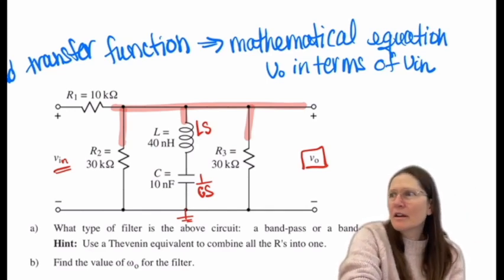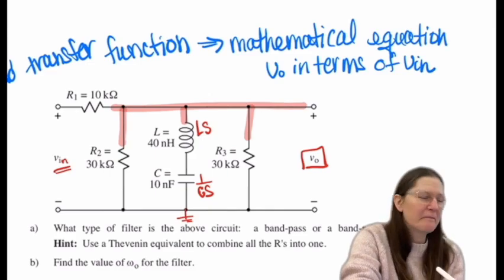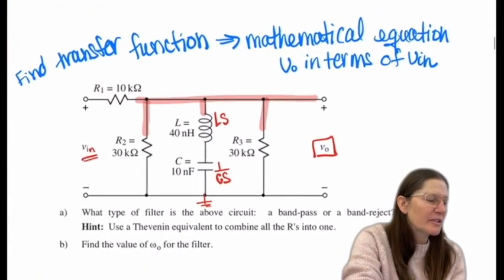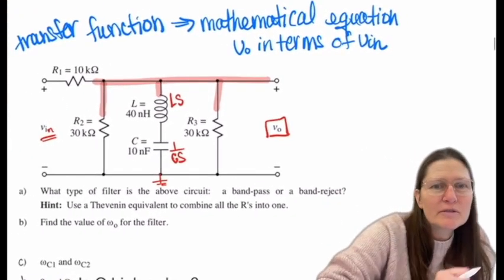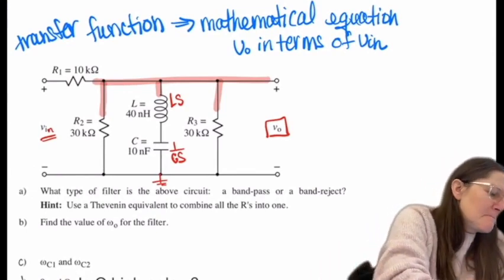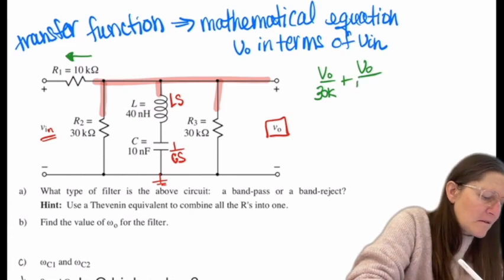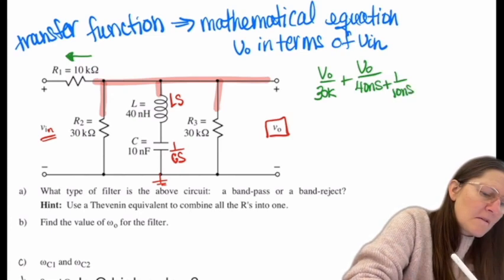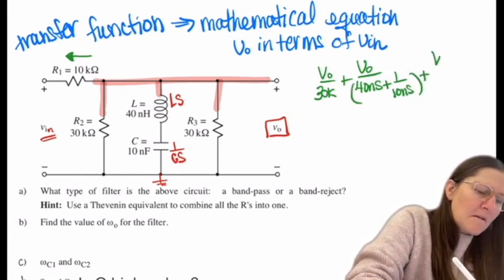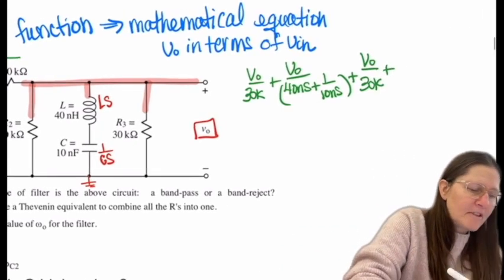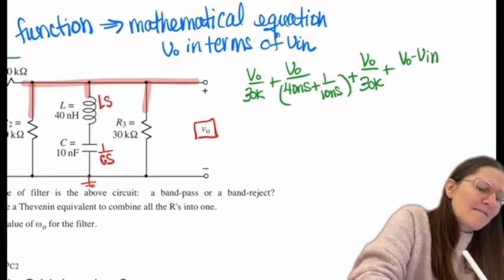Something so simple to make your equations. All right, so what will this equation look like to solve for V out? You're going to be looking at V out over 30K plus V out over 40 nano S plus 10 nano S under 1, and then V out over 30K again, and then V out minus V in over 10K equals 0.